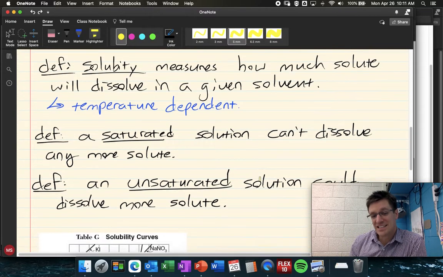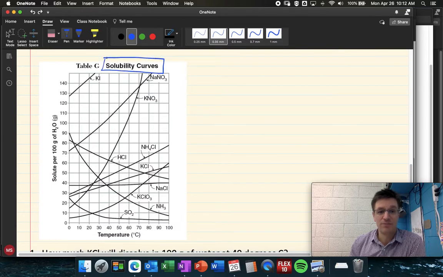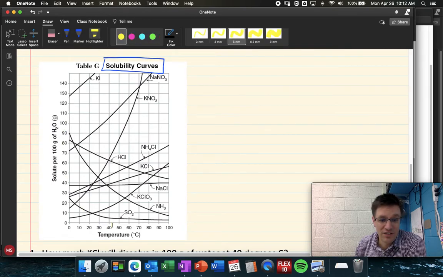The basic idea when you're talking about solubility is you'll get these things called solubility curves. It's a graph, and this graph shows the solubility of various different substances, in this case in water. So right now we're looking at the solubility of lots of different things: SO2, NH3, KClO3, these are all different types of salts and compounds.